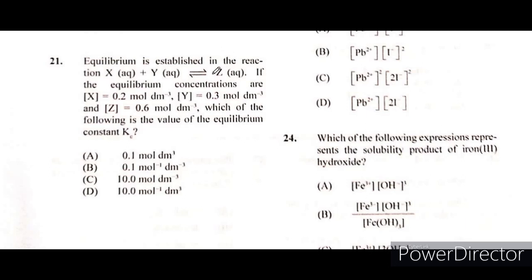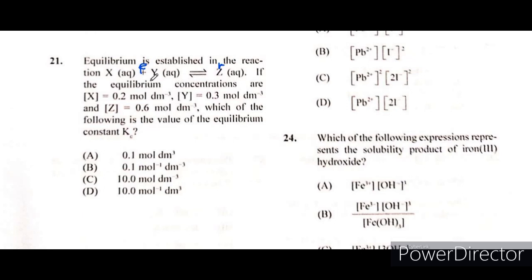If the equilibrium concentrations are: the concentration of X is 0.2 mole per dm cube, Y's concentration is 0.3 mole per dm cube and Z is 0.6 mole per dm cube, which of the following is the value of the equilibrium constant Kc? Kc is equal to the concentration of the products over the concentration of the reactants.